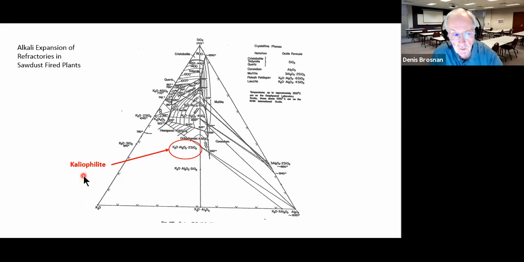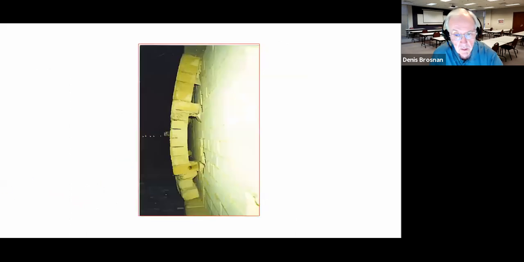Within the refractory, it causes a permanent expansion. And here's an example of the first time this was noted in a wall in a wood-fired clay brick plant in the United States. So you can see the expansion was in the outer zone of the bricks that are stacked up here.